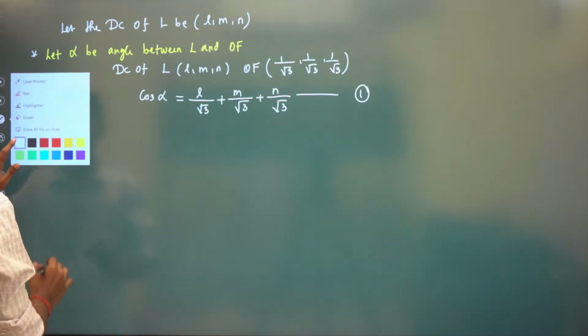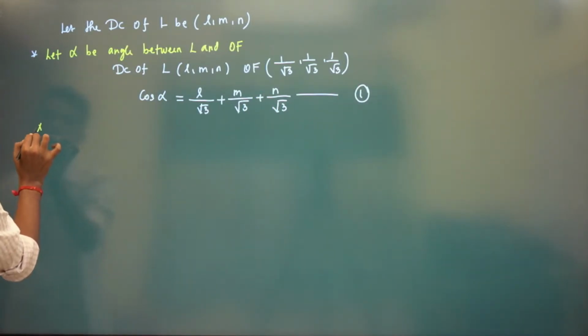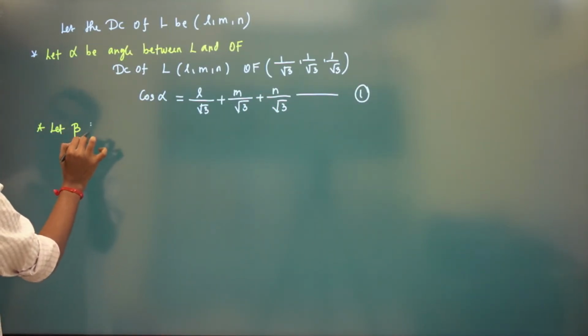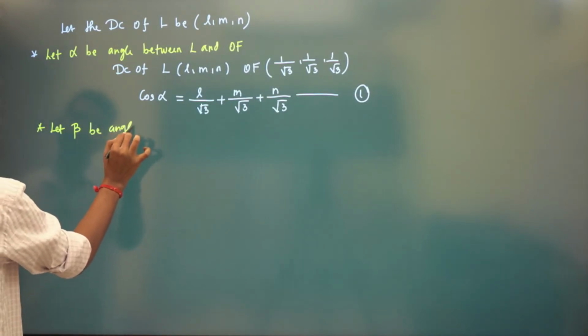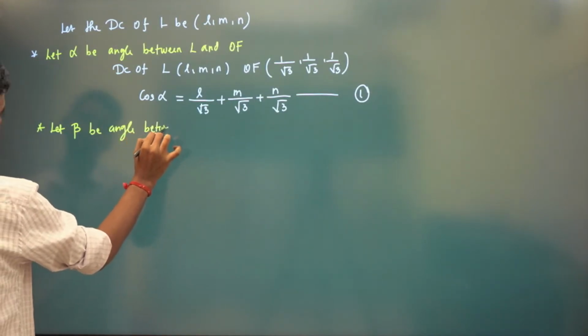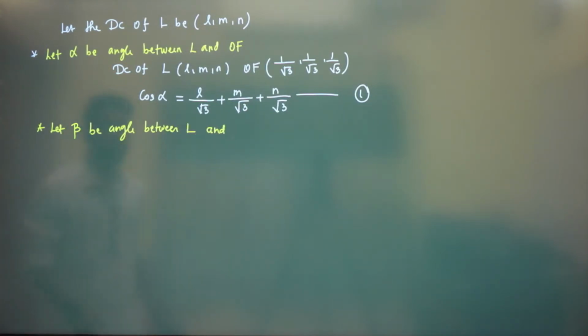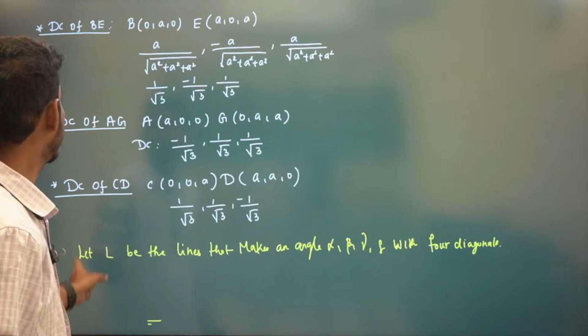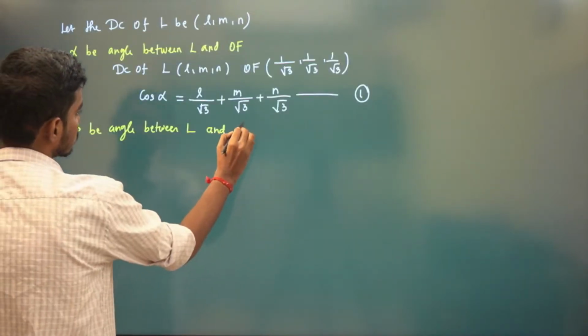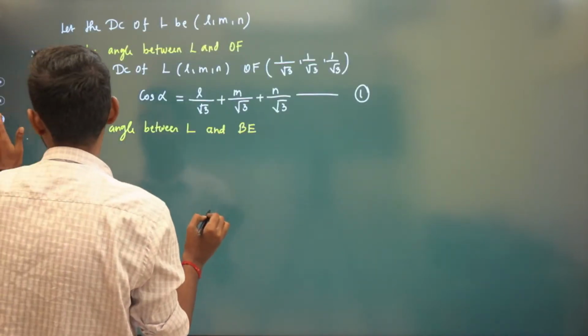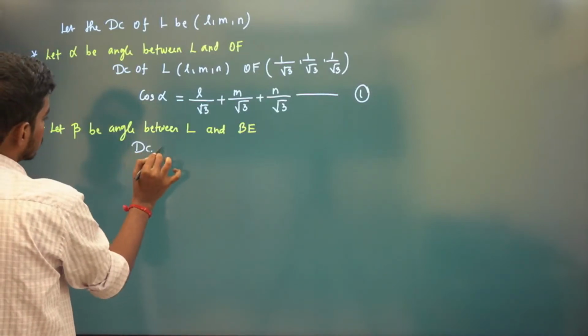Similarly, let beta be the angle between L and the second diagonal BE. Now again, what is the direction cosine of L?